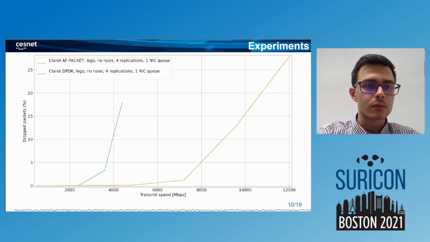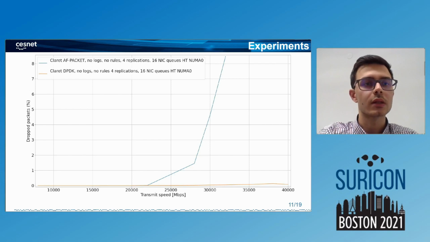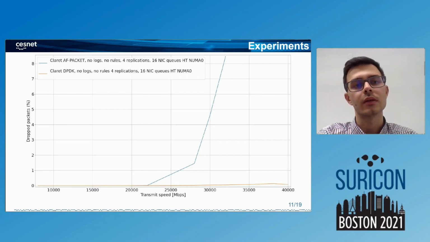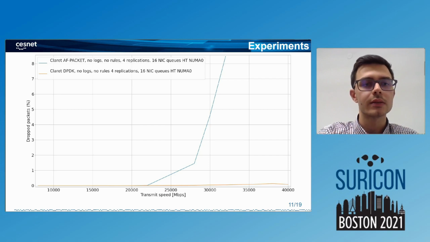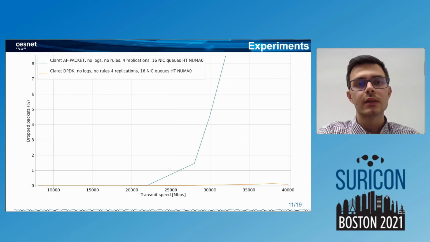And so DPDK doubled the performance of AF packet in this case. With more queues or more threads enabled, and again with no rules enabled, we are getting to higher speeds. And similarly, we can see that DPDK is able to process more packets than the AF packet capture interface.